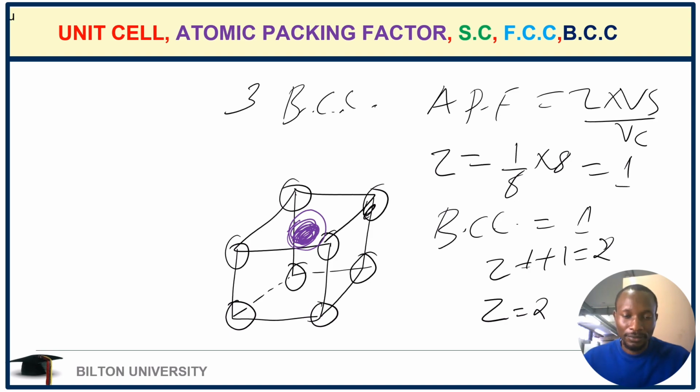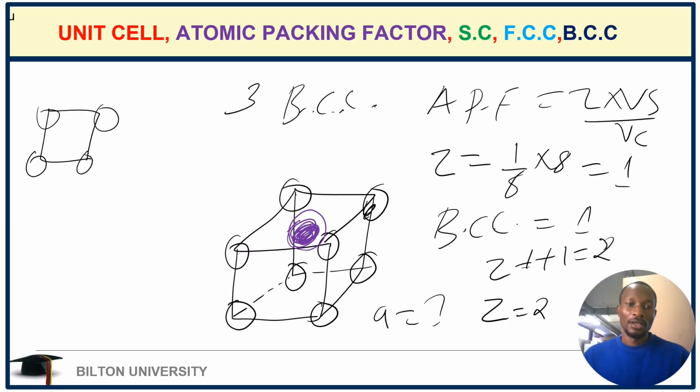Let's then take a look at the edge length. A is equal to what? I'll take one face, so I'll draw one face like this, but you realize that this is what we have, okay? It is different from FCC and also a simple cube. BCC is a little bit tricky because one atom is shared by the 4 atoms on the top and also another face at the bottom.